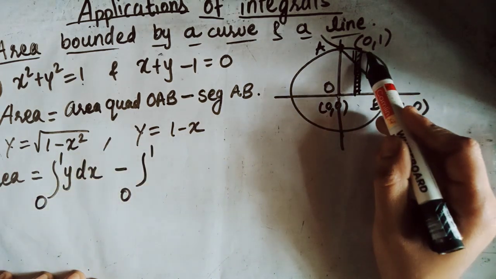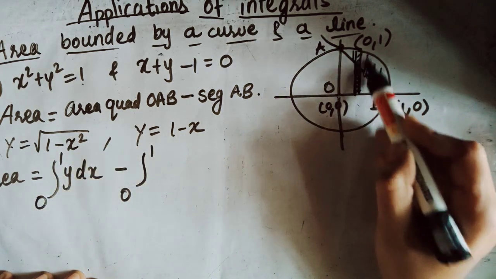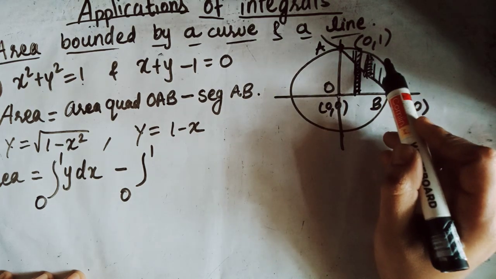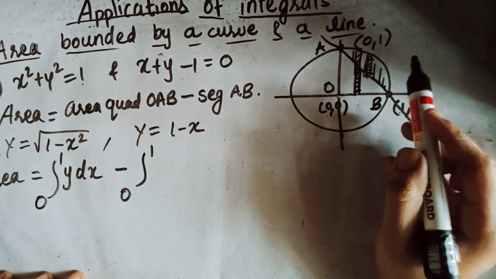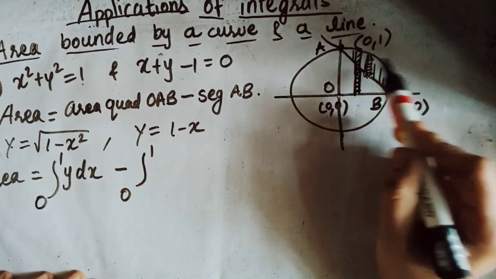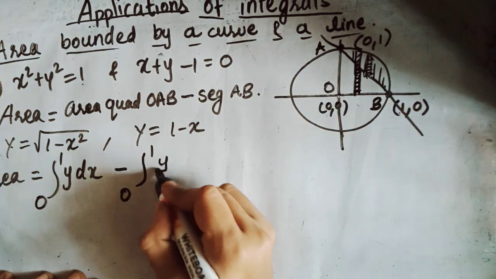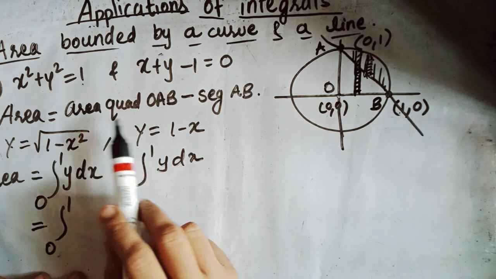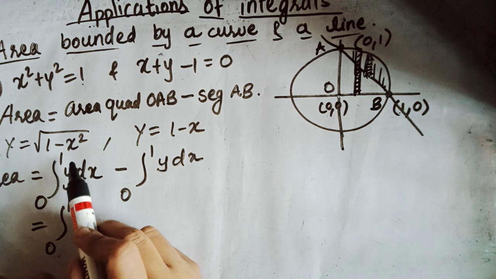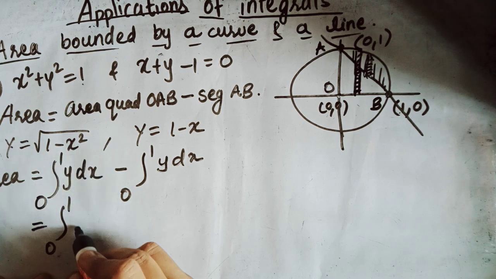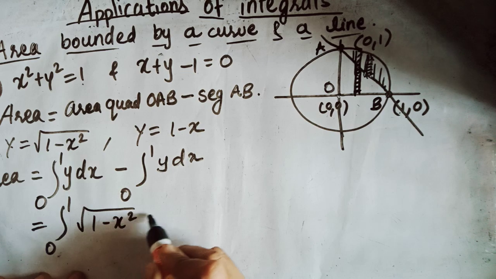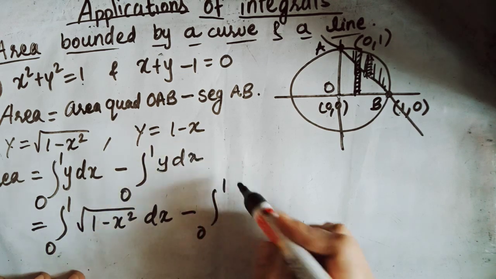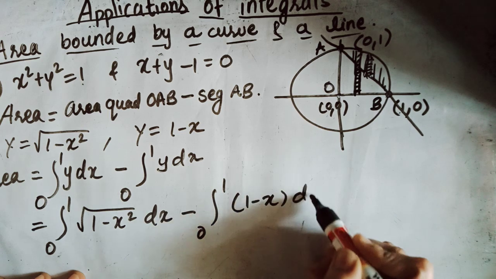Again this part you have to subtract. Here also I am considering the y strip, and this is also moving from 0 to 1. Okay, y dx. So 0 to 1, y is first the circle part, so root of 1 minus x square dx minus integral 0 to 1 of 1 minus x dx.